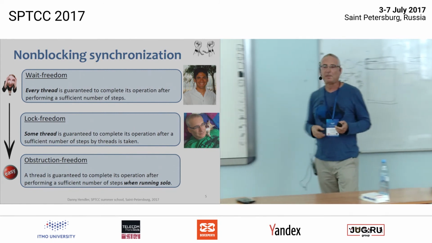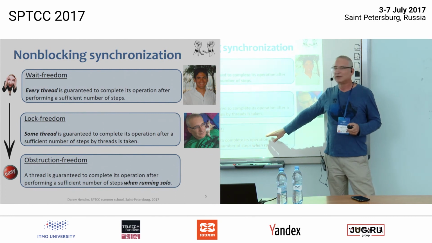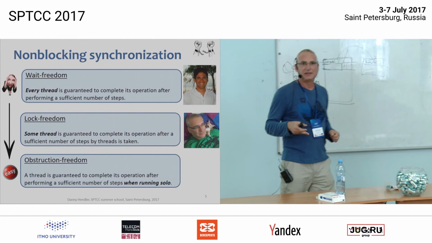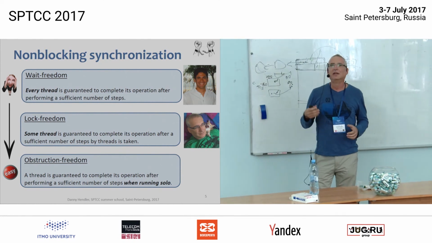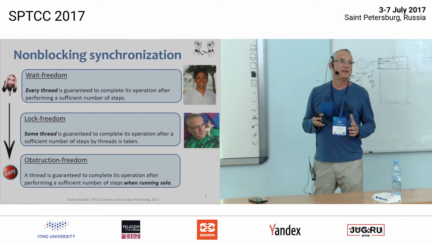Okay. And a third, even weaker condition is called obstruction freedom. This condition only guarantees that a thread will make progress while performing its operation if it runs sufficiently long without any contention.